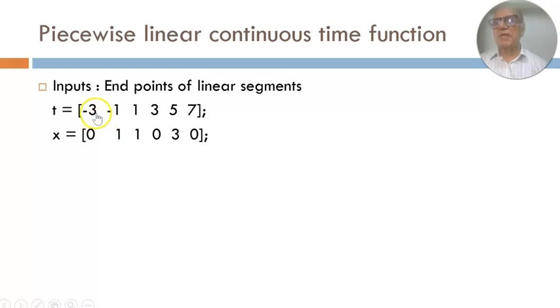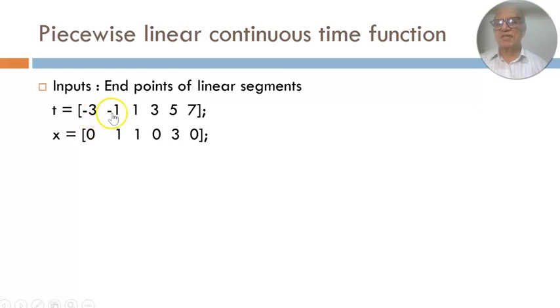Alright, so first line is represented by these 2 points, -3, 0, -1, 1. Then the second line, -1, 1, 1 and 1. Similarly the other lines. Note one thing, that the number of endpoints is 1, 2, 3, 4, 5, 6. So if I have 6 endpoints, then the total number of lines that I'll get will be 1 less.